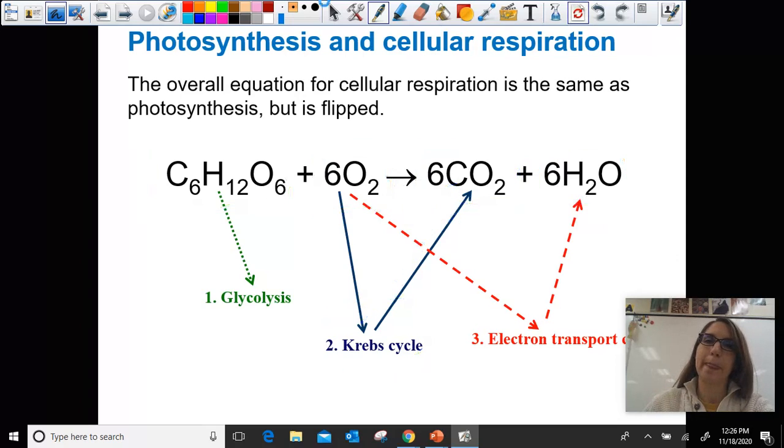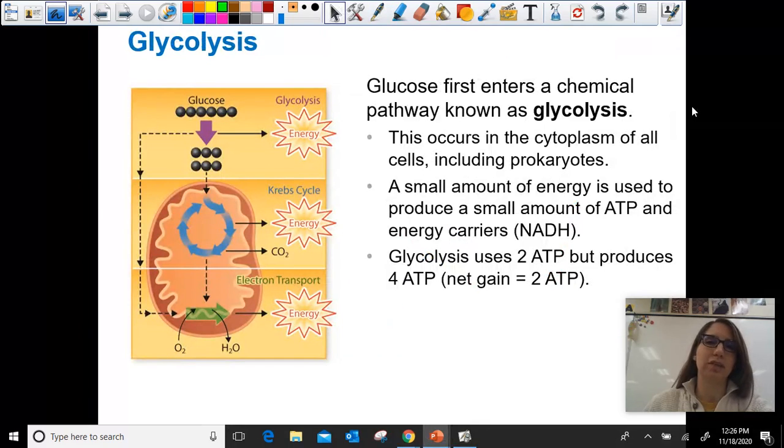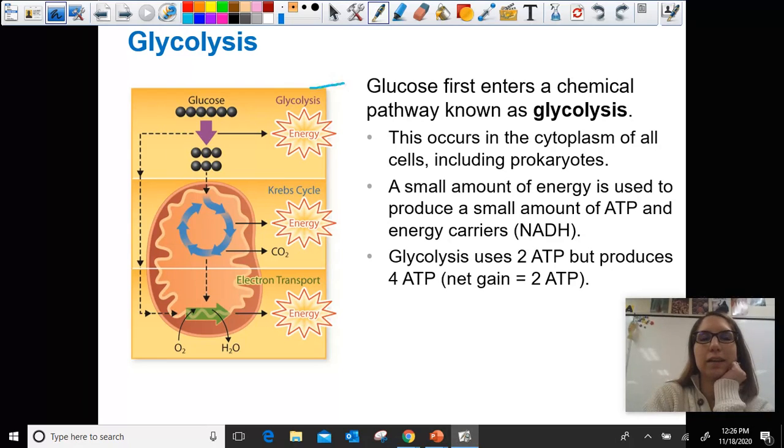Okay. All right, so looking at the specific steps, I mentioned that glycolysis is going to be our first stage, and glycolysis is this upper portion of this diagram here. So when we think about what's happening in glycolysis, there is this Latin root right here, LYS, which is the same Latin root we saw in an organelle called the lysosome.